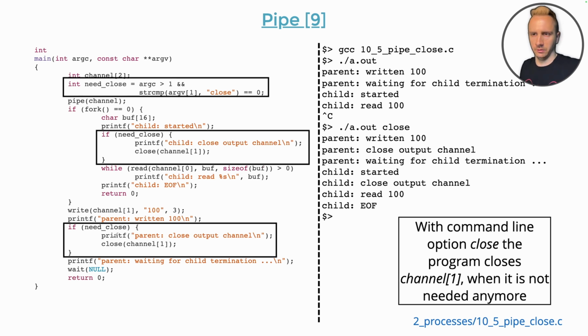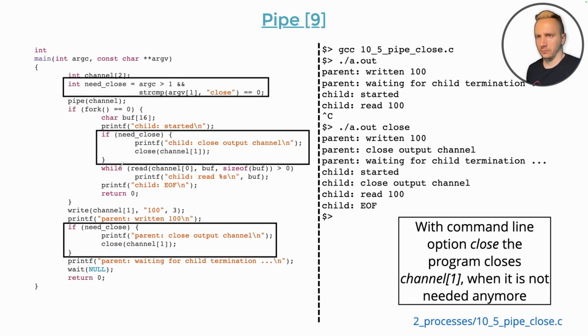In the parent, we will write something to the child and then close the writing end, because we are not going to write anything else to the child. Using this close, we kind of give a signal to the child. The pipe has no writer anymore, which means there will be no more data on it.